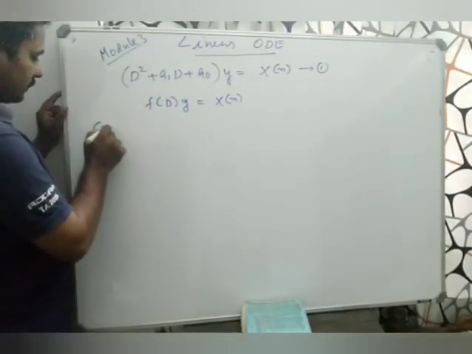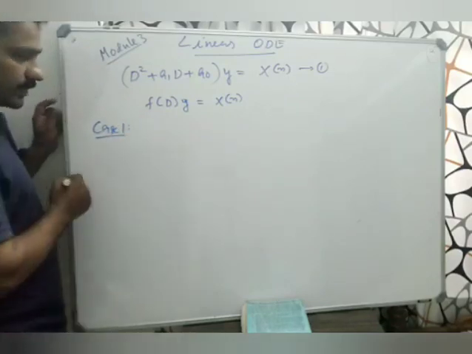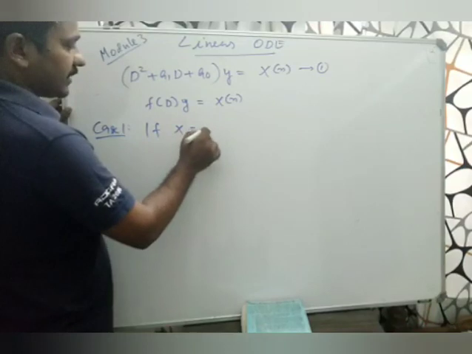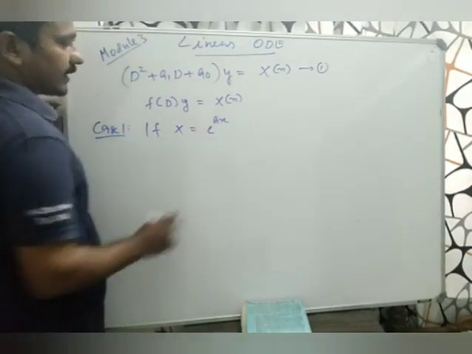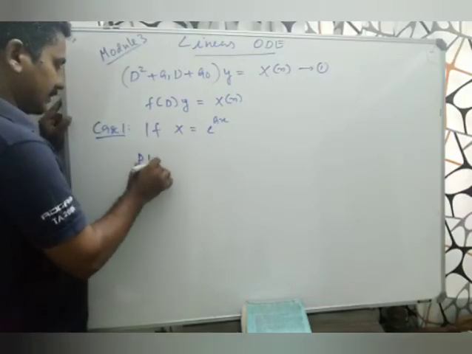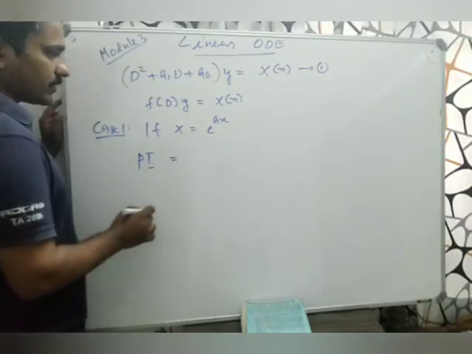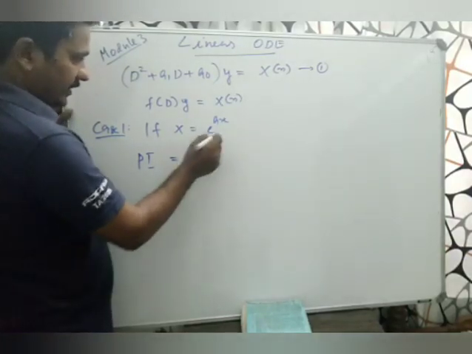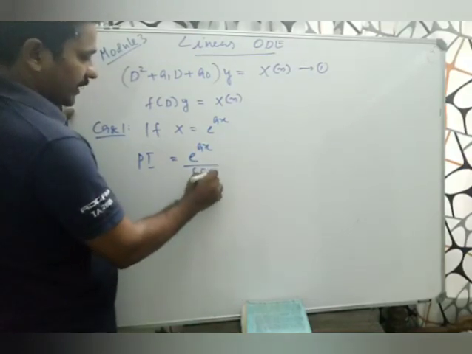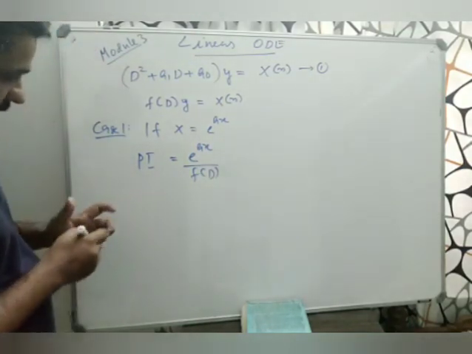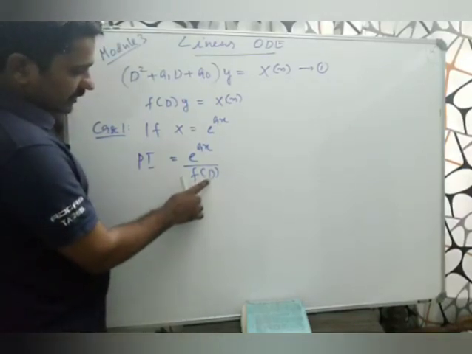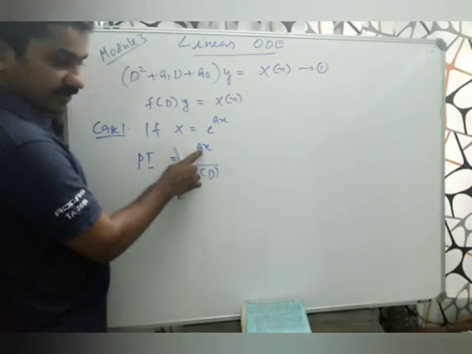Case 1: if the right hand side function X is equal to e to the power ax, then the particular integral corresponding to this, as we have written before, is e to the power ax by f of D. Then what we do is just replace this D by a, where a is the coefficient of x.